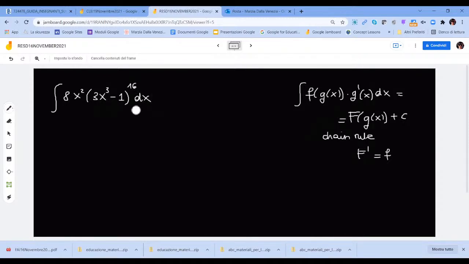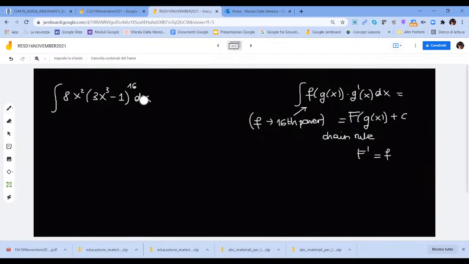Raising to the power of 16 means you have a composite function, and you should find the derivative of the argument. Okay, so in our case, raising the power to 16, if f is the 16 power.